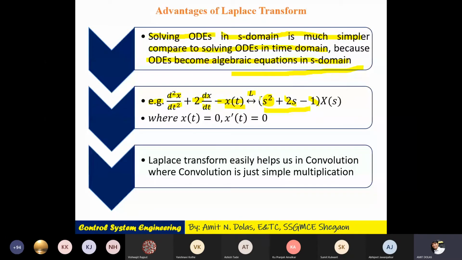So you can see this is the ODE converted into its Laplace transform. It will be an algebraic equation in x of s, of course, where x of 0 is 0 and x dash of 0 is 0. That is the initial condition we assume to be 0. So Laplace transform easily helps us in convolving, where convolution is just simple multiplication.